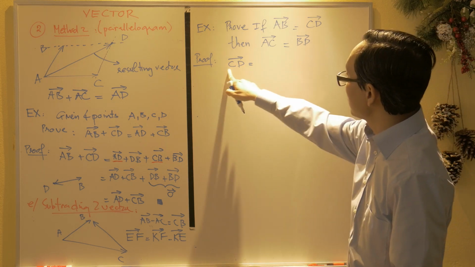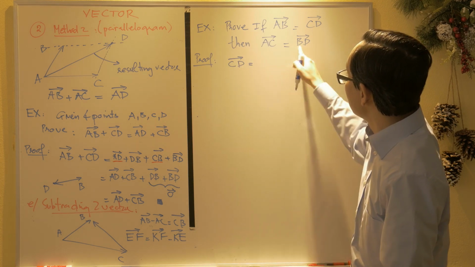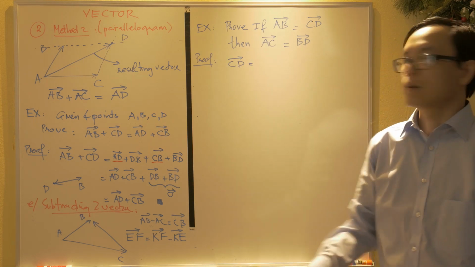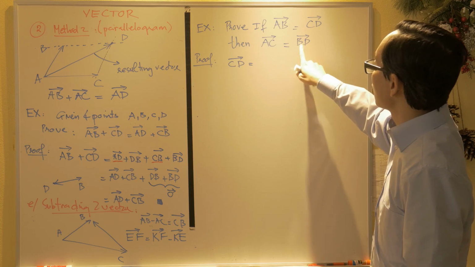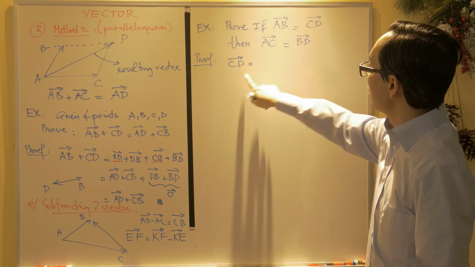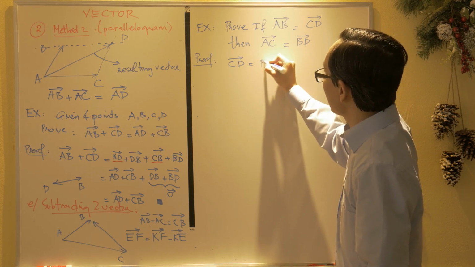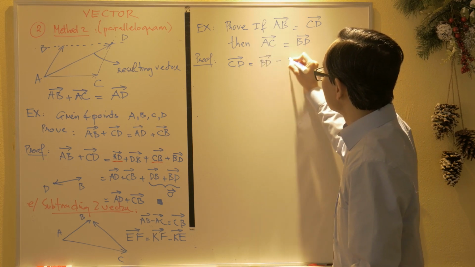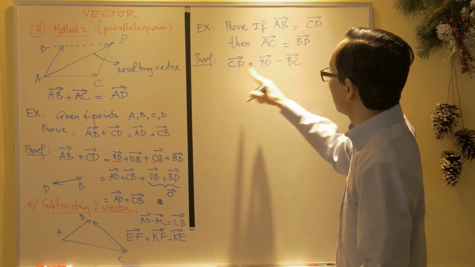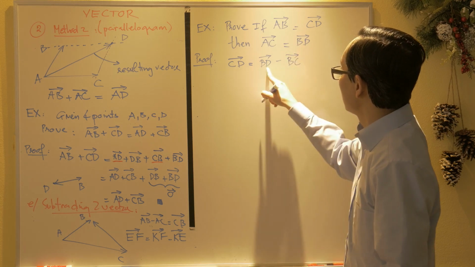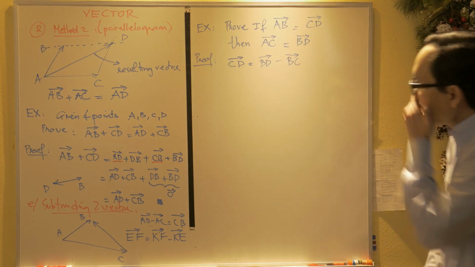So head minus tail, so this is the head, and I use letter B. You can use anything because this is what we want. We want BD equal to AC, so I can use letter B. So I can write it BD minus BC. Head minus tail.